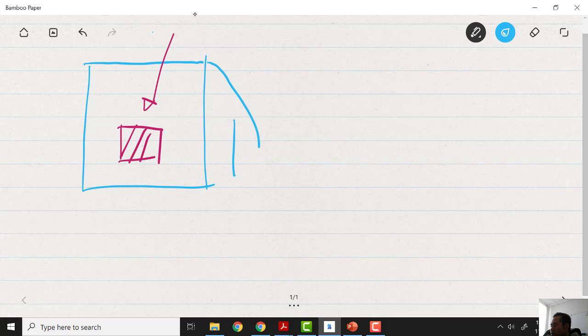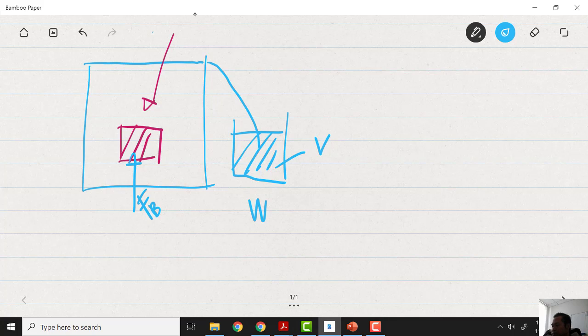If you collect the water that was displaced, we have, for example, volume V. The weight of the water that you collected, let's say W, is the same as the force FB, the buoyant force from the water on the cube.